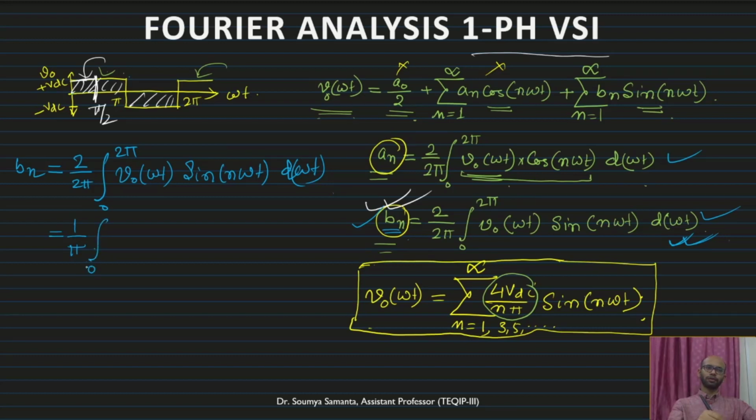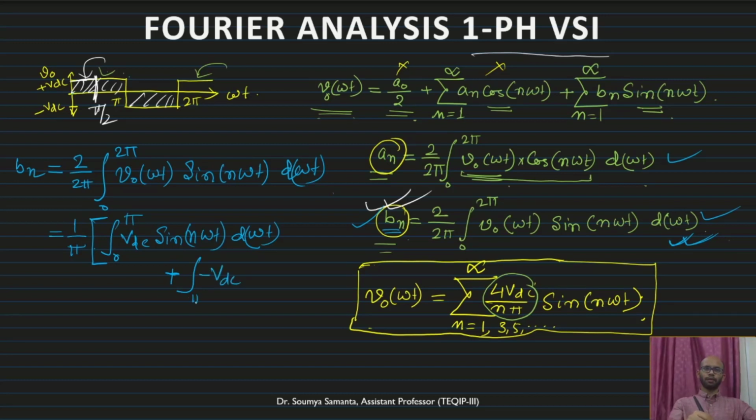So 0 to pi is one part: VDC sine n omega t d omega t. This is one part. Then here this will be minus VDC, from pi to 2 pi, sine n omega t d omega t. So this one is closing.